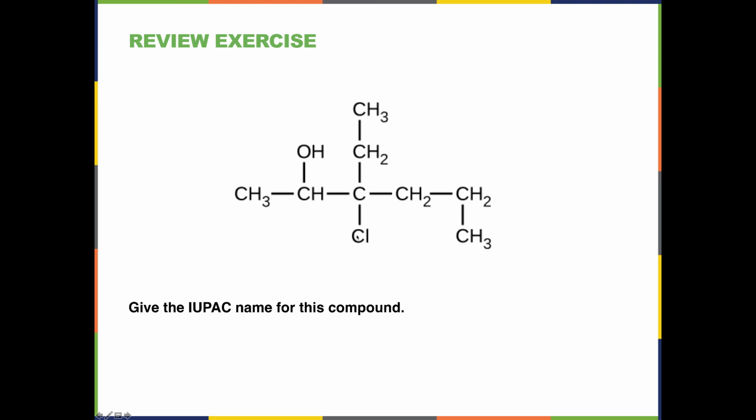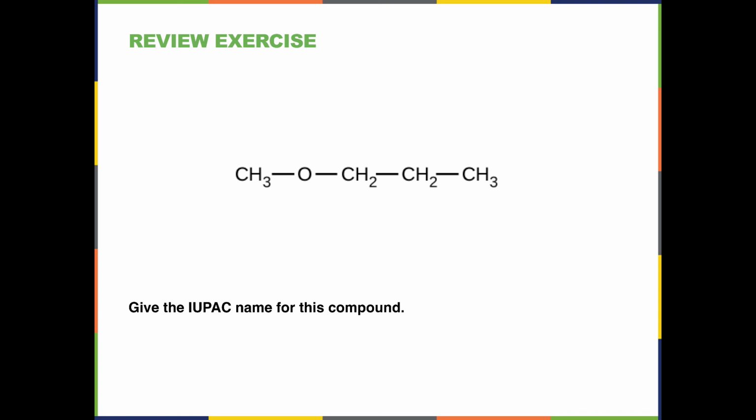And it has a chlorine, okay? So let's just go this way. So you have 1, 2 hexanol, and then 3 ethyl chloro. So it's going to be 3 ethyl, 3 chloro, 2 hexanol. 3 ethyl, 3 chloro, 2 hexanol.